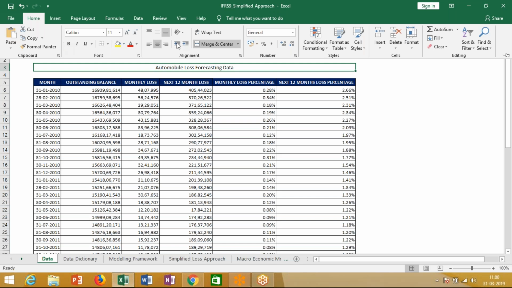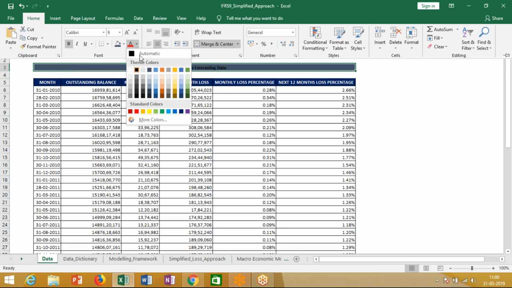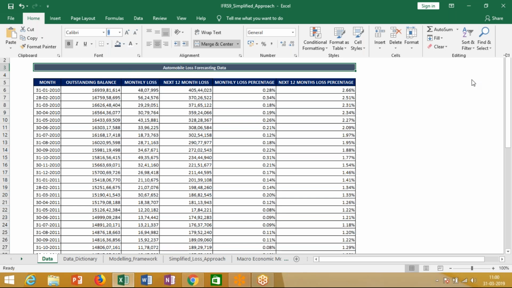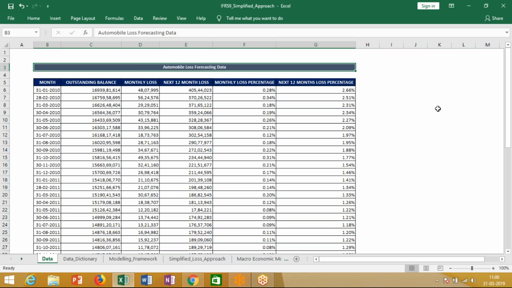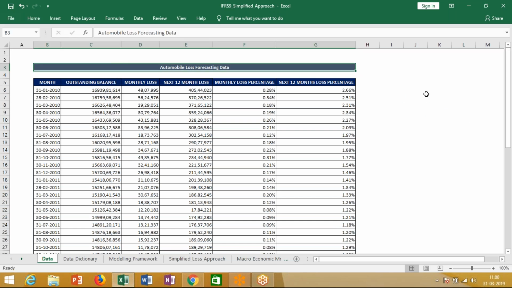When I talk about automobile loss forecasting data, more specifically this is a leasing portfolio, right? There is a financing house which has given the loan, or has leased out the respective automobiles for people to use, and on that basis they receive a contractual revenue, a contractual payment.